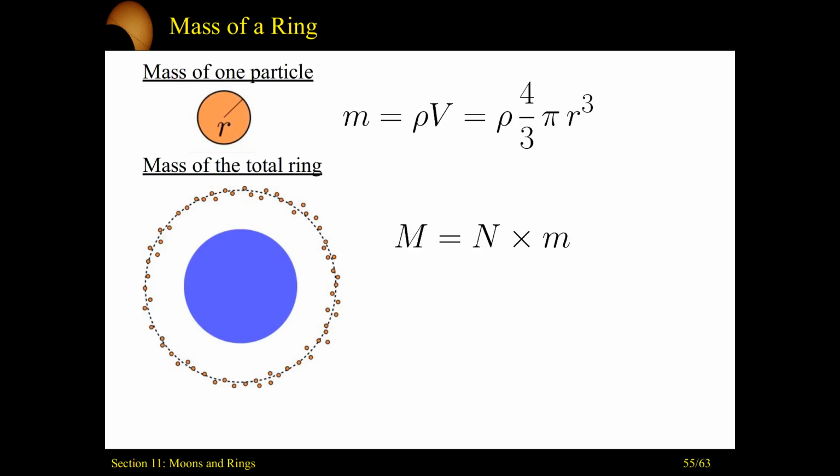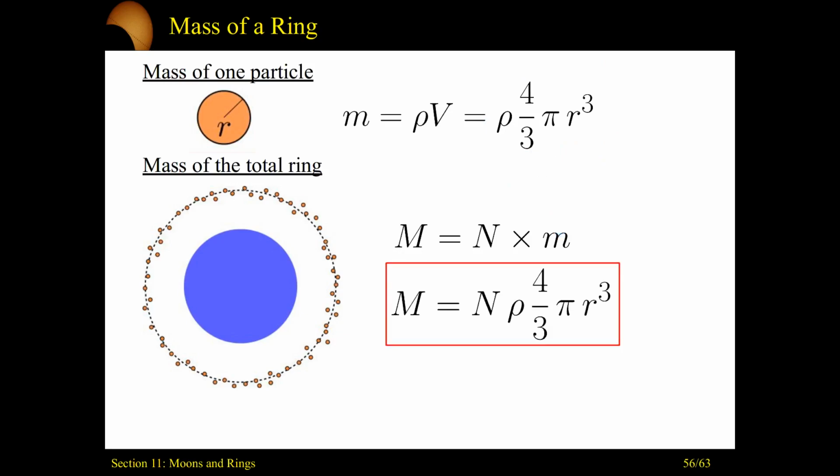And from the equation that we set up way back in the beginning in just words, the number of particles times the mass of one particle gets us the total mass of the ring. So we'll take our expression, rho 4/3 pi r cubed, and substitute it into the tiny mass term. And we'll get our end result, that the total mass of the ring is this product: number, density, volume of a sphere.